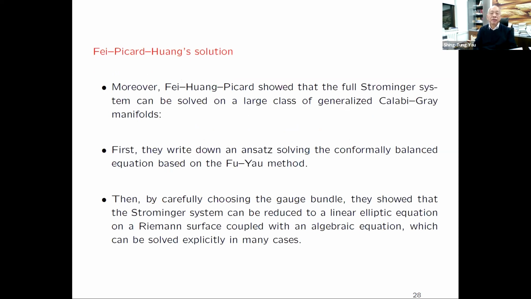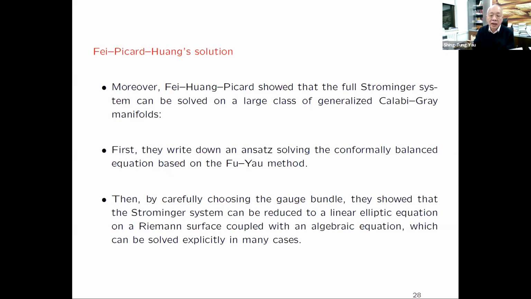And later, Fei went to Columbia as an assistant professor. So he worked at Columbia with several students together. They showed that the full Hull-Strominger system can be solved on a large class of generalized Calabi-Gray manifolds, generalizing the work that I did with Fu.